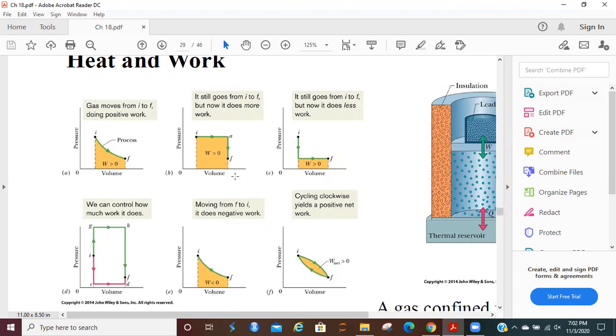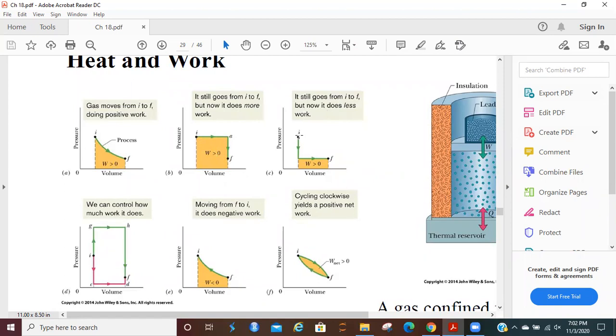If we look at part B, we can still see that it goes from I to F, but it does more work because it moves at a constant pressure out to this particular volume, and then it goes down to this spot. So we can see that the work here is greater than 0, but it's greater than what we were doing over here.